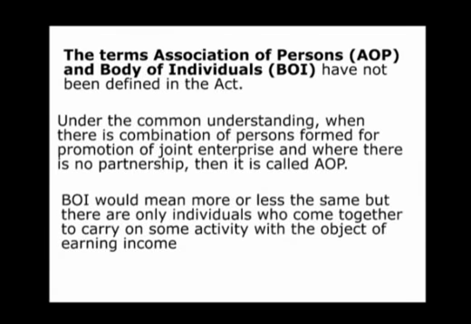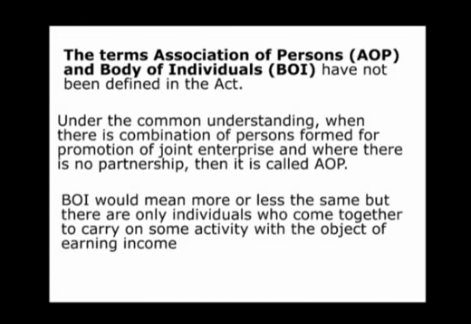It means they are not going to form a partnership. Other than a partnership, if they just come together for the purpose of a joint enterprise, then it will be called an association of persons. The body of individuals would have more or less the same meaning, but there only individuals are taken.